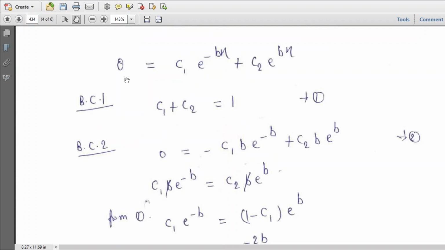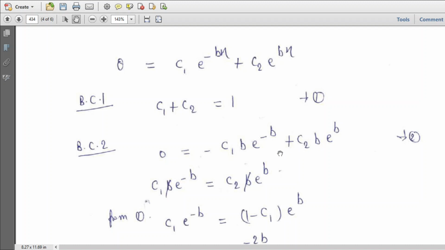So differentiating, you have d theta upon d eta equal to minus c1 b e to the power minus b eta plus c2 b e to the power b eta. Now eta is 1, and for the corresponding value, d theta upon d eta is 0. So you can substitute that, with eta equal to 1 in both terms.